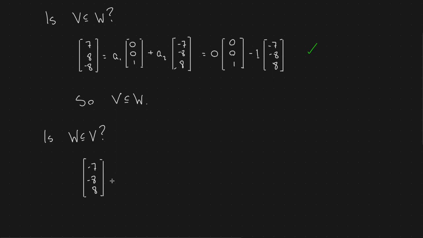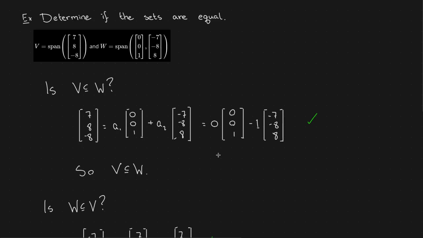Can we find some scalar to multiply by the vector 7, 8, negative 8 to make this equality work? Well, again, it should be pretty obvious. Negative 1 will do the trick here, right? So that works.